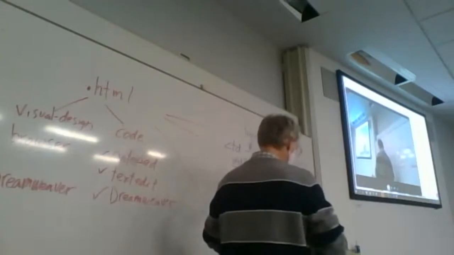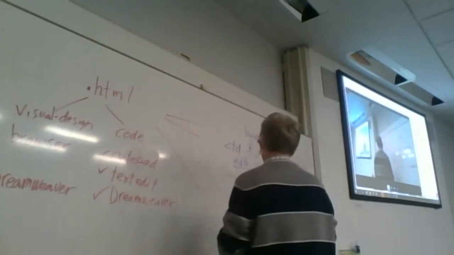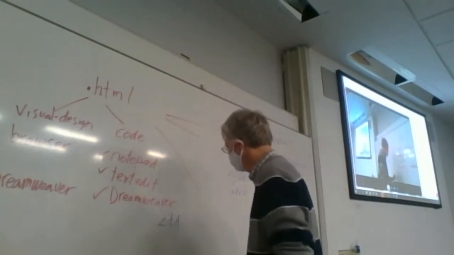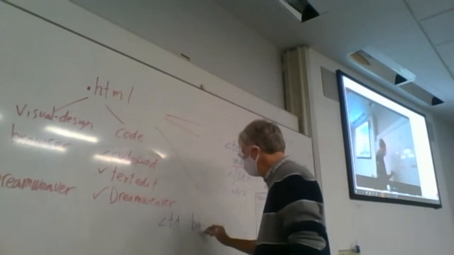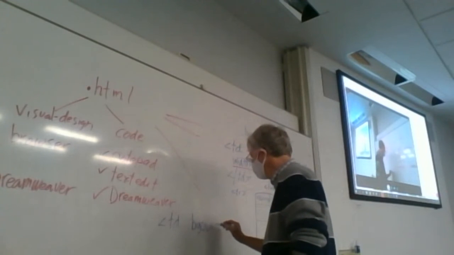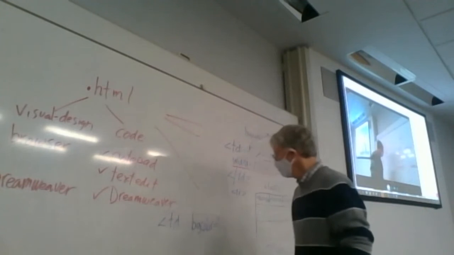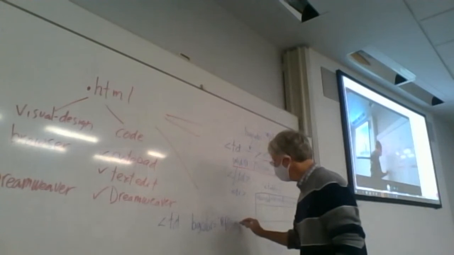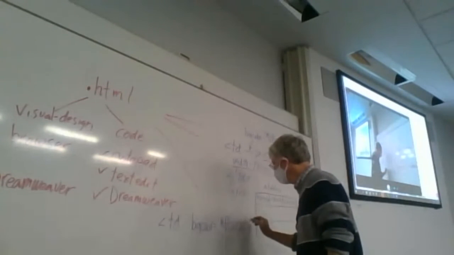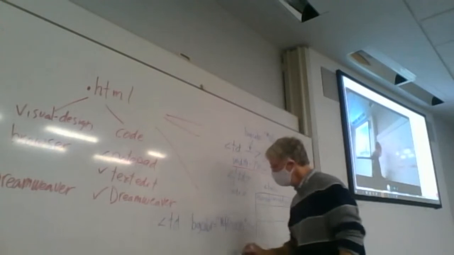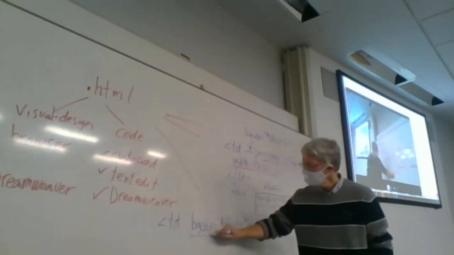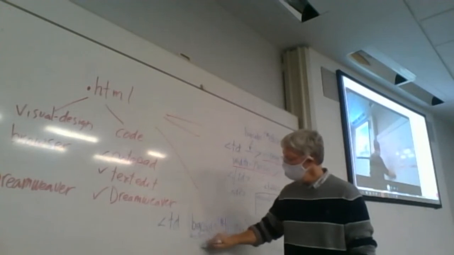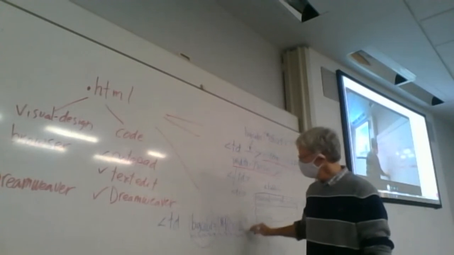Okay, and then inside tags, you can have what are called attributes. BG color equals hash mark, and this is red, solid red. That right there is called an attribute. That's the attribute name, and that's the attribute value.